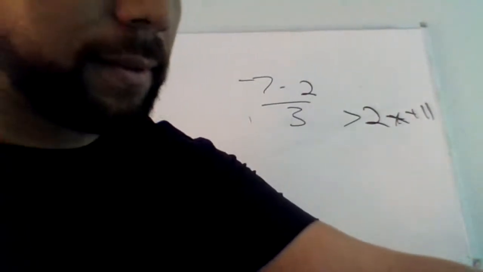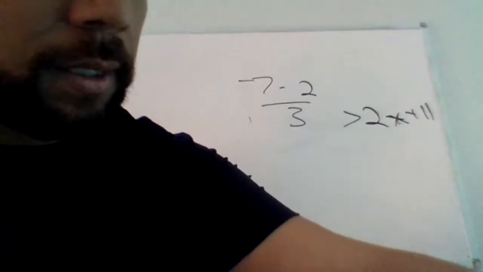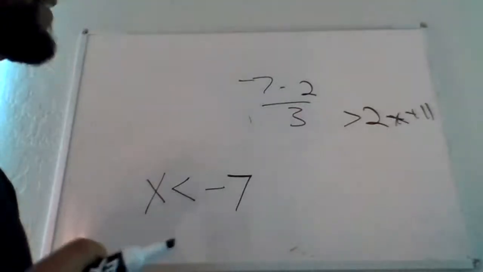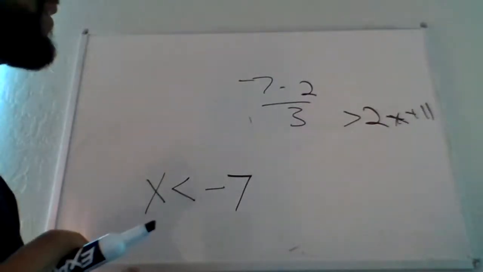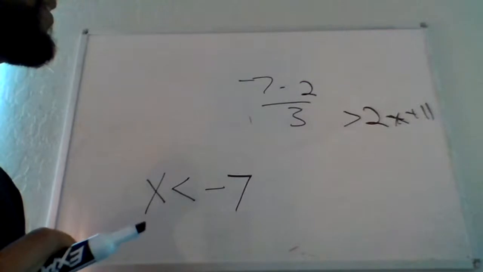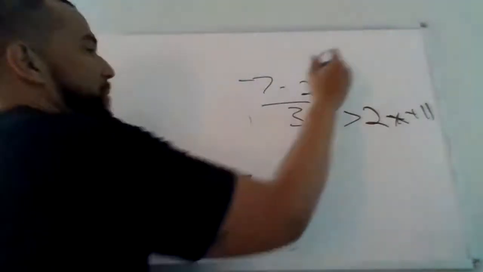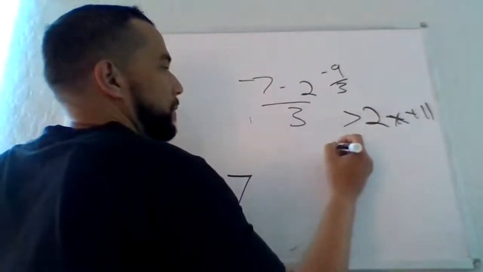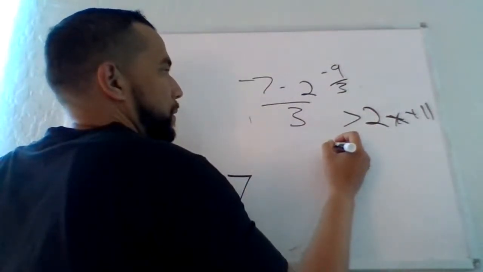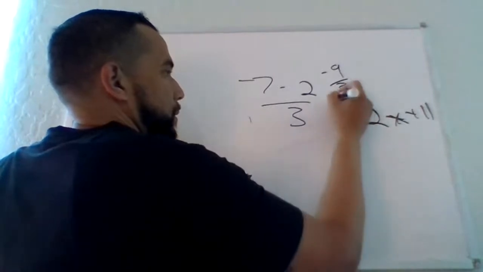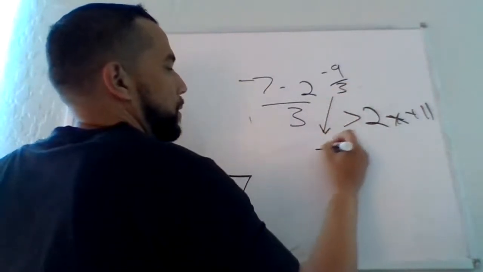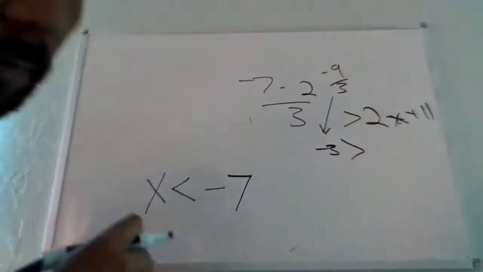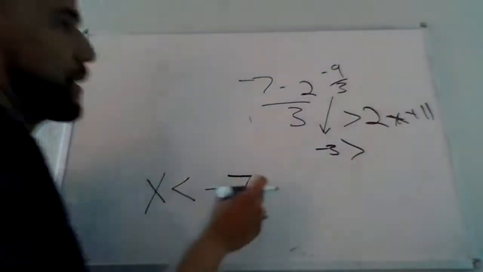Then we're going to graph it. Negative 7 minus 2 is negative 9, divided by 3 is negative 3. Okay, so let's see if all of that is greater than or equal to 2x plus 11.